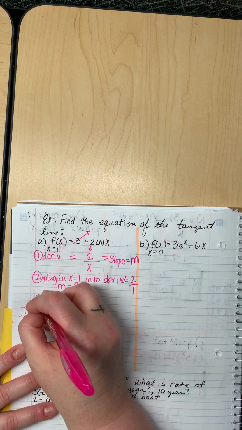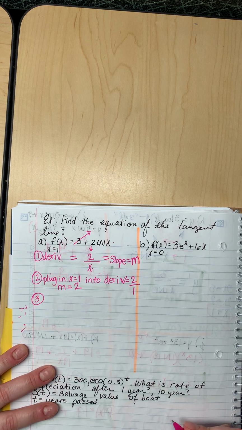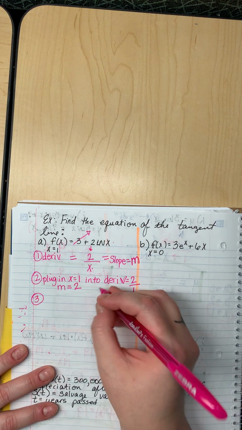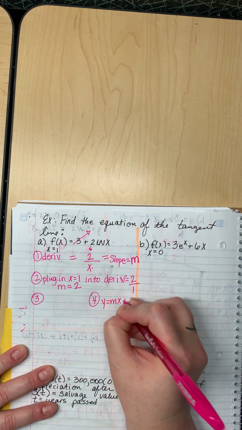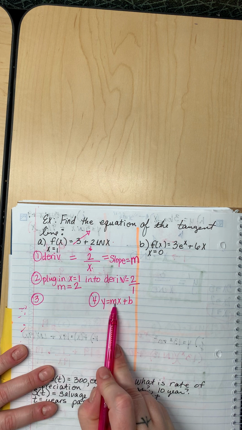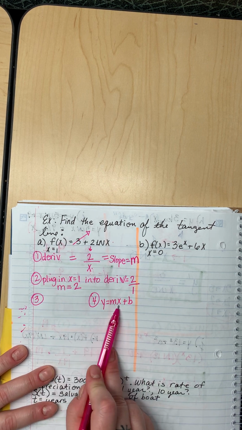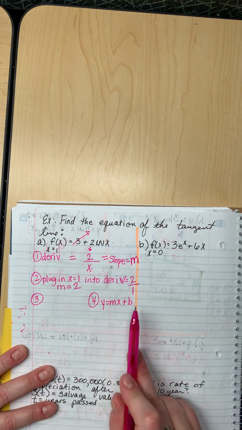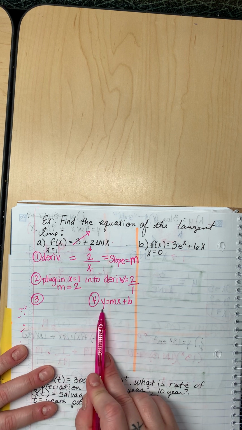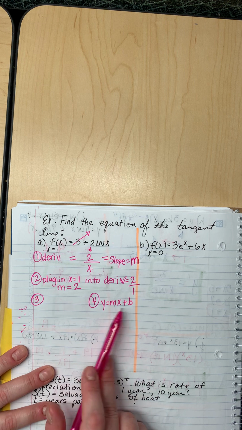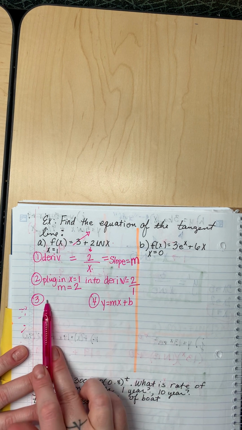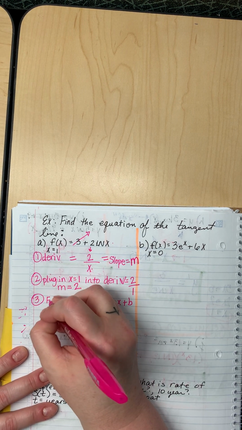Okay, now eventually we're going to have to do this equation, y equals mx plus b. And it looks like I have an m, woohoo, 2. Looks like I have an x, woohoo, 1. I don't have my b and I don't have my y, but I can find my y. So my next step before I can do y equals mx plus b is to find my y.